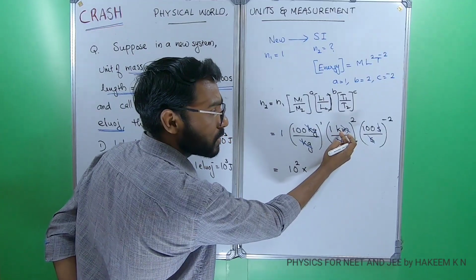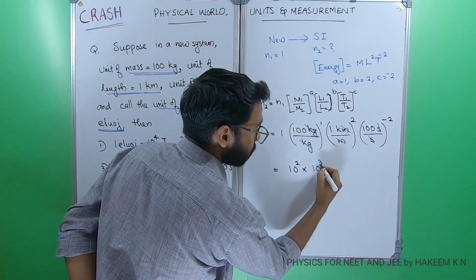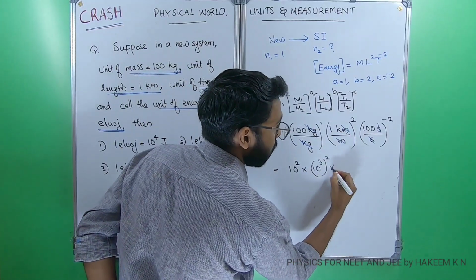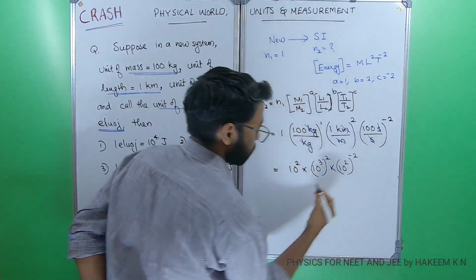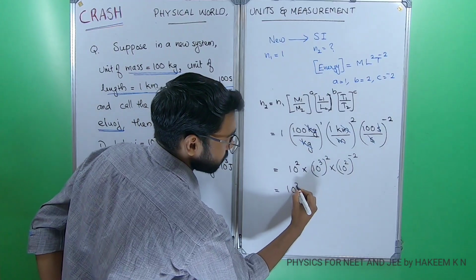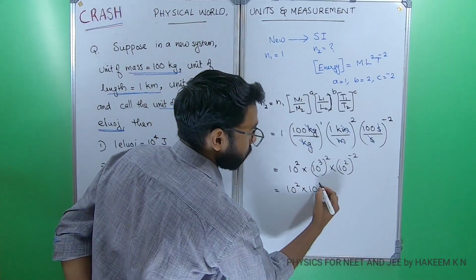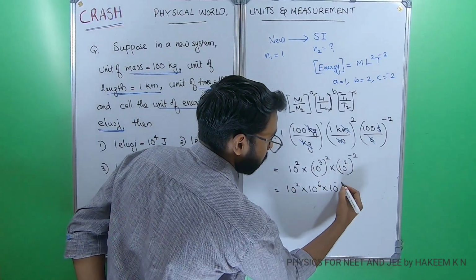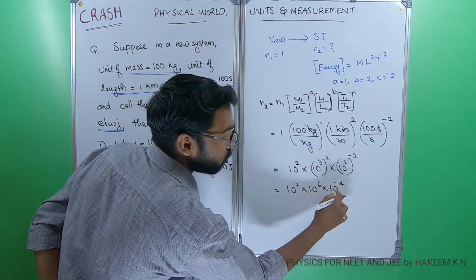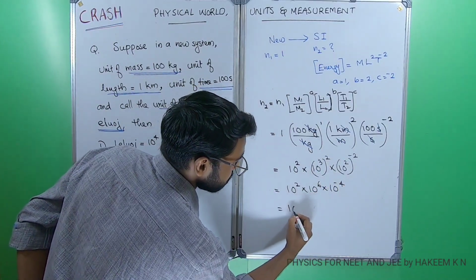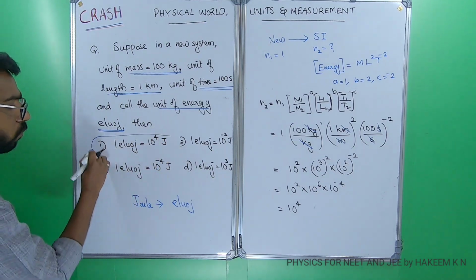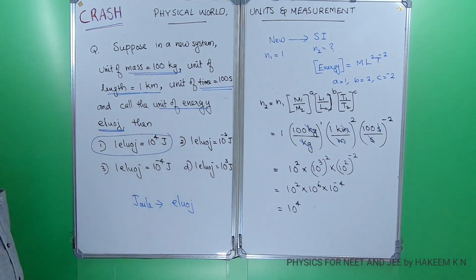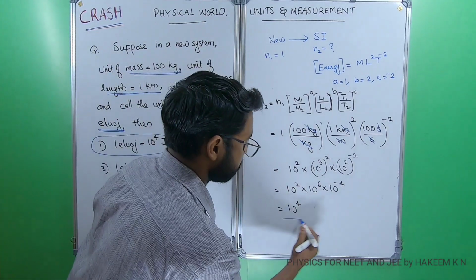Here kilo is 10 raised to 3, all square. Here 100 is 10 square, all raised to minus 2. So we will get 10 square into 10 power 6 into 10 power minus 4, 10 power 8 into 10 power minus 4, it is 10 power 4. So option 1 is the right answer.